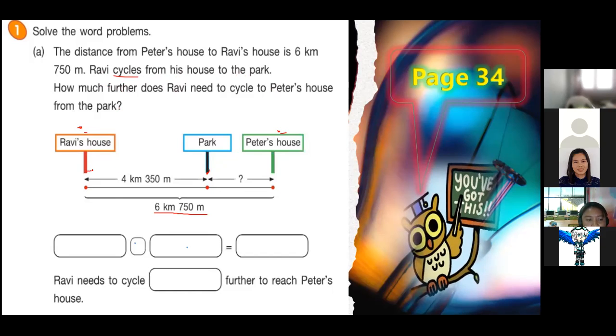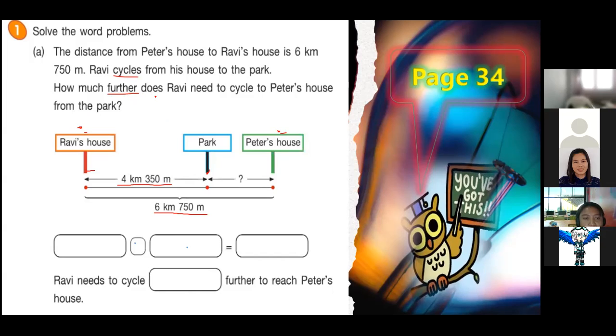The distance of Ravi's house to the park is 4 kilometer and 350 meter. So the question here, how much farther? You know farther? Far, very far. This is near and very far. That is the meaning of far.